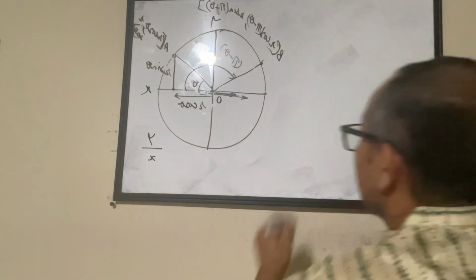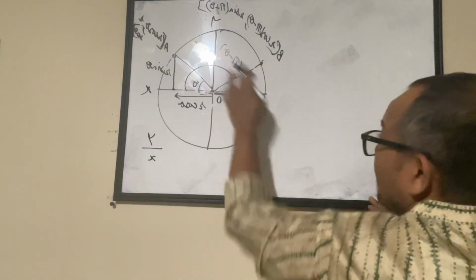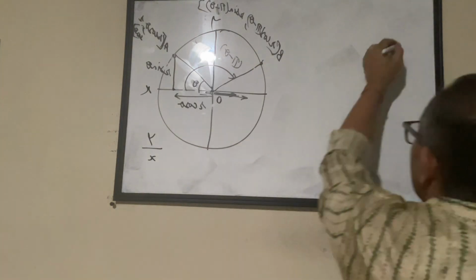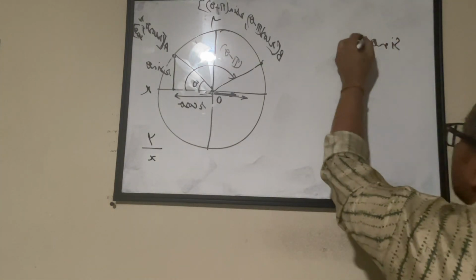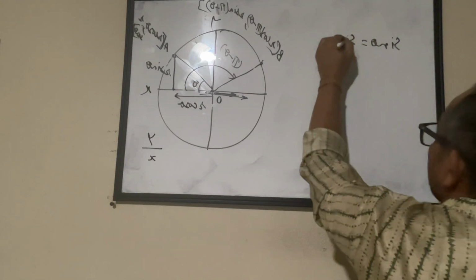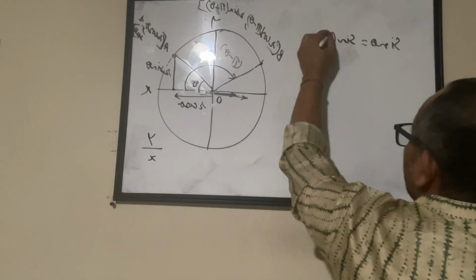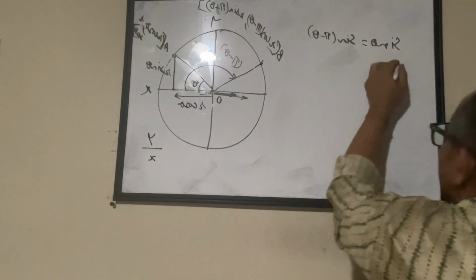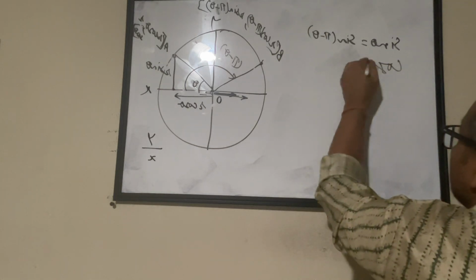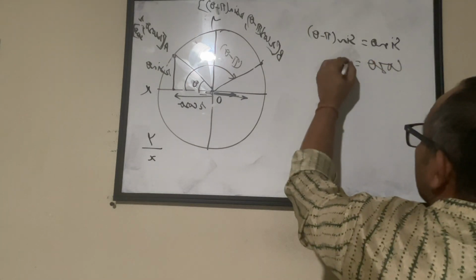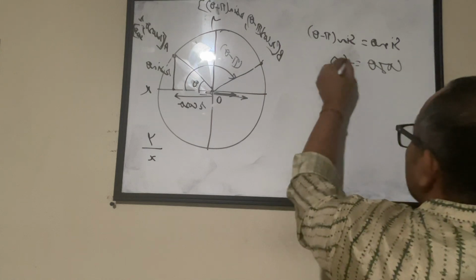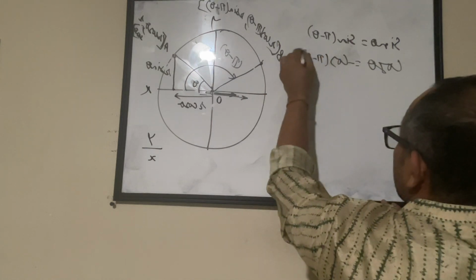So in this case, let's look at the value. We know that sine of theta is equal to sine of pi minus theta, and we know that cos of theta equals minus cos of pi minus theta.